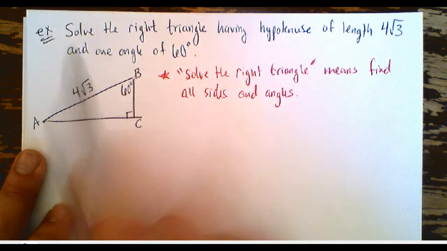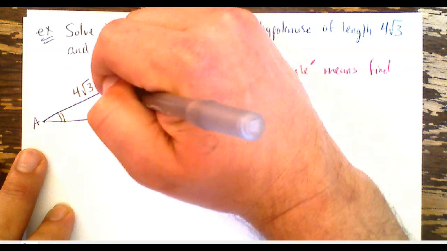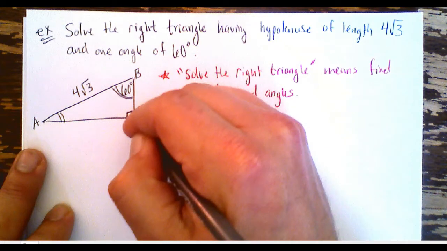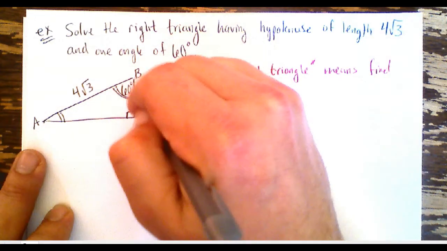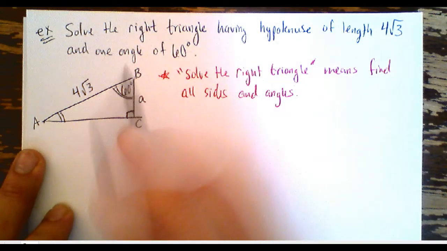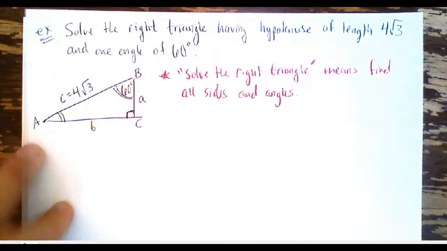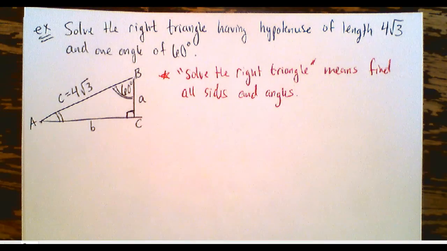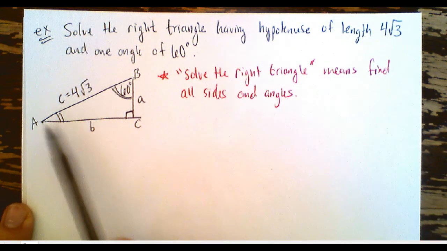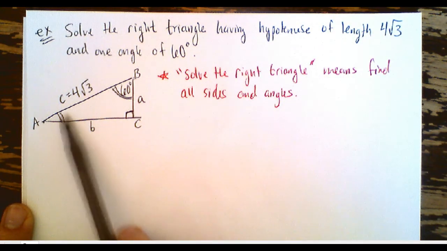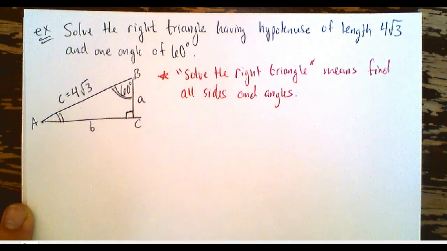So let's say this angle is A, and this angle is B, and our right angle is C, then this side will be little a, and this side will be little b, and the hypotenuse is little c. That way it corresponds to the Pythagorean Theorem. Okay? So our mission is to figure out what angle A is, and what are the two side lengths, little a and little b.